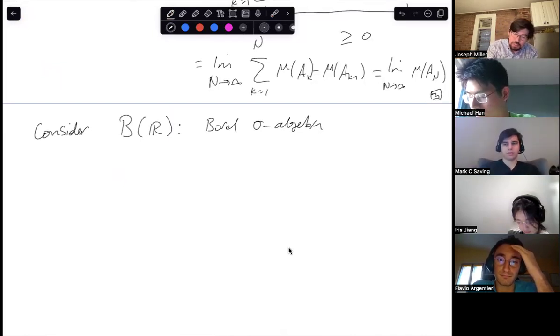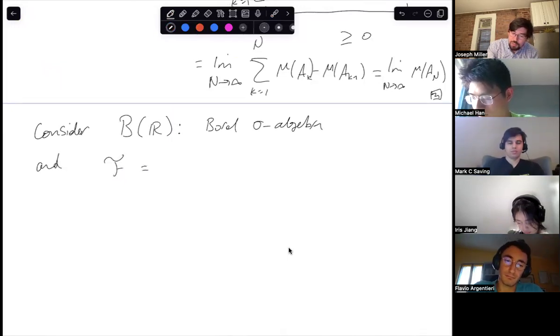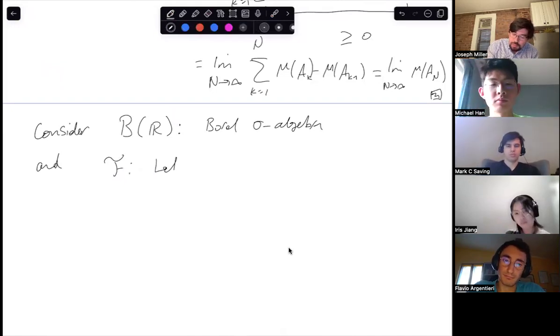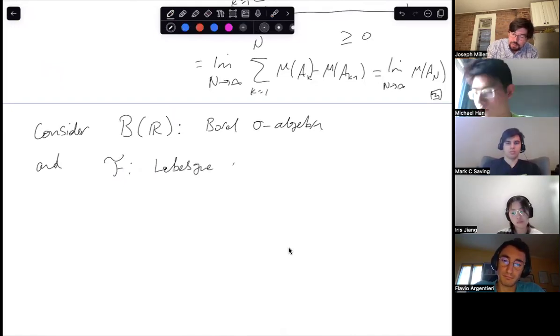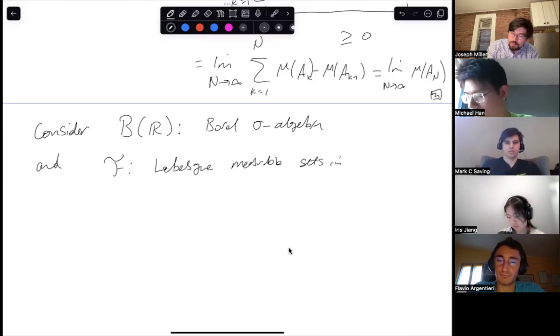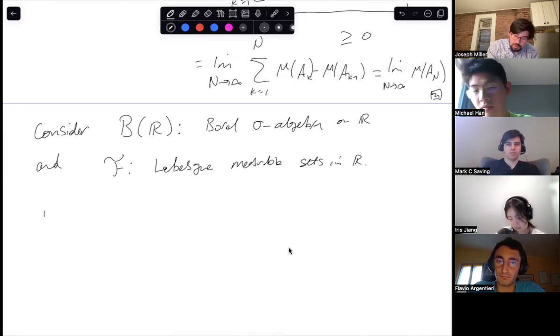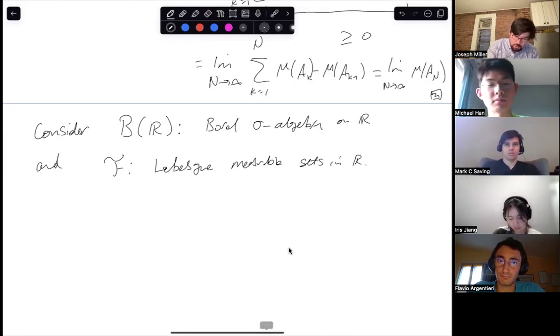And then F, which is going to be the Lebesgue measurable sets in R.